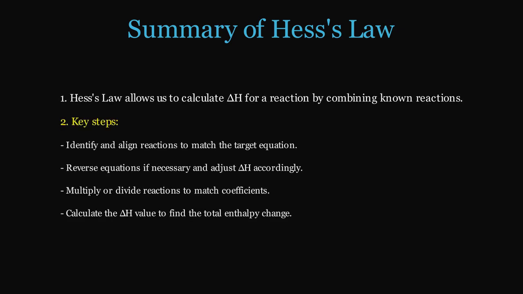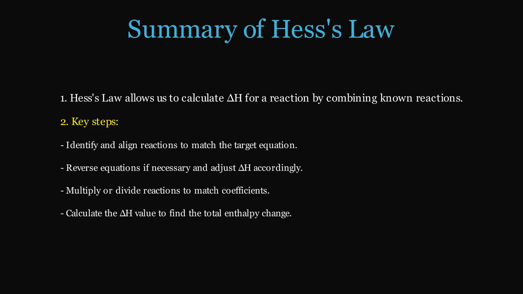To summarize, here are the key points about Hess's law. 1. Hess's law allows us to calculate delta H by combining known reactions. To do this, we can identify and align reactions to match the target equation. If necessary, reversing reactions and adjusting delta H accordingly will also help.